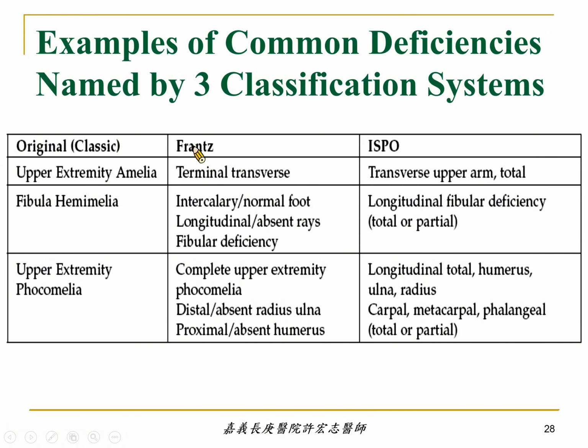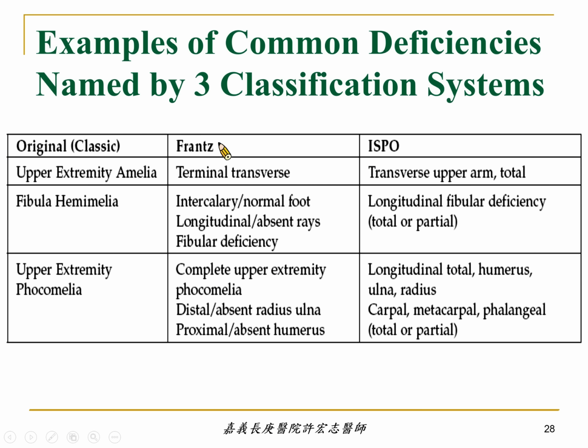In the French system, we call that terminal transverse. For example, a newborn whose mother took thalidomide during pregnancy has upper extremity phocomelia.